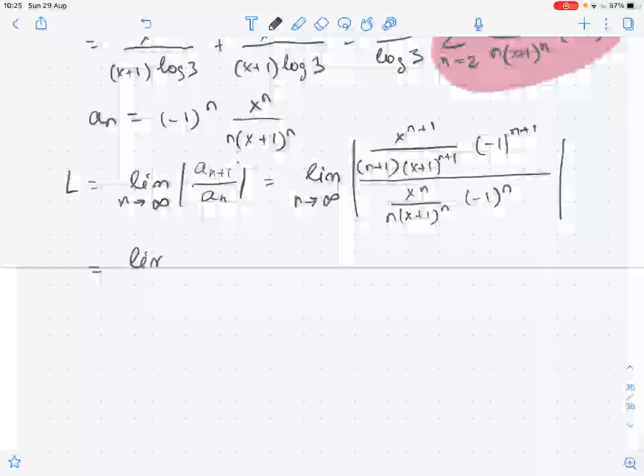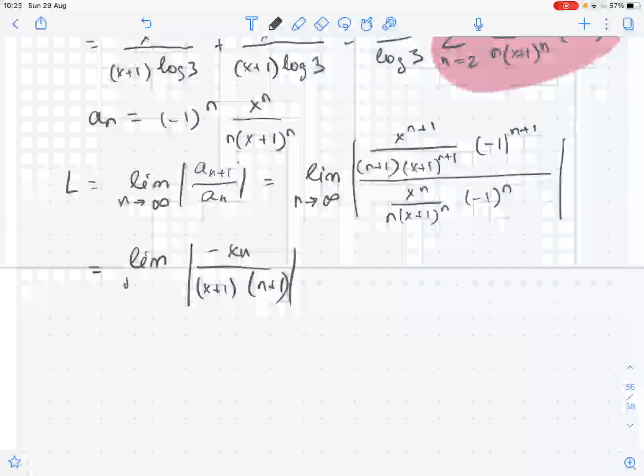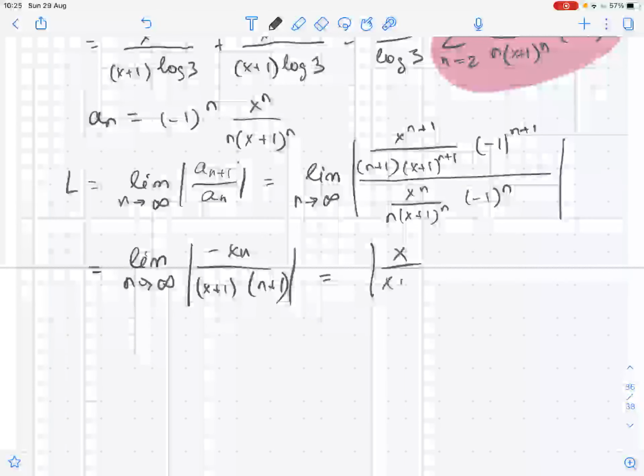Then let's simplify. This equals the limit of the absolute value of negative x n over x plus 1 times n plus 1, where n approaches infinity.